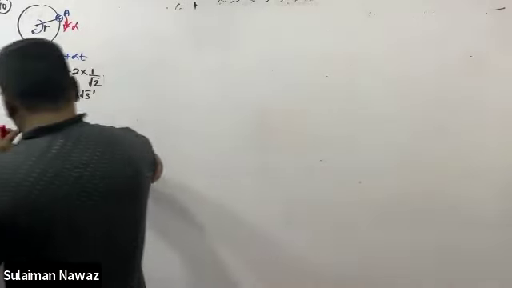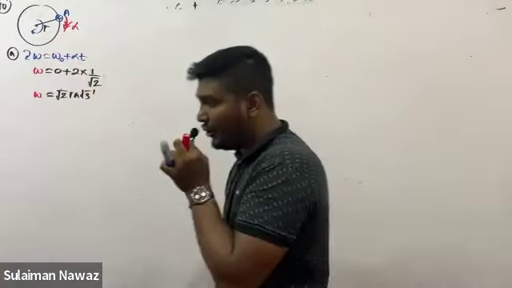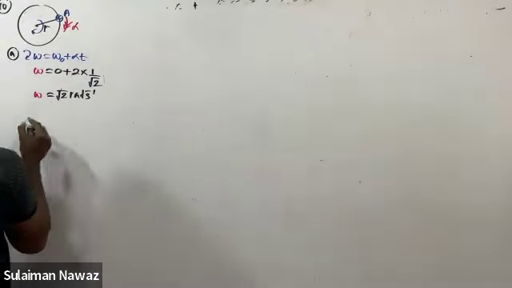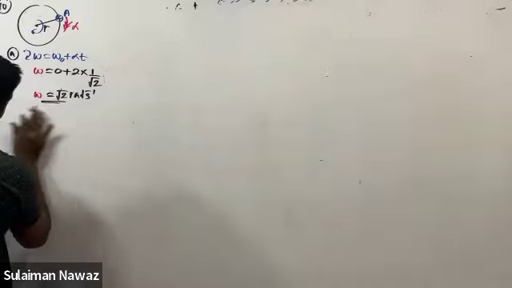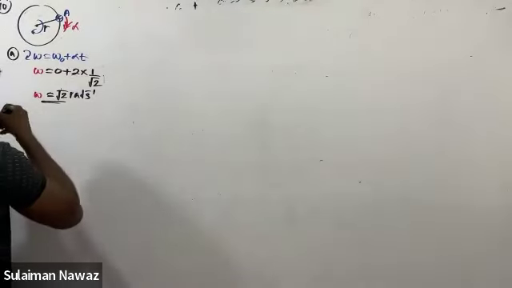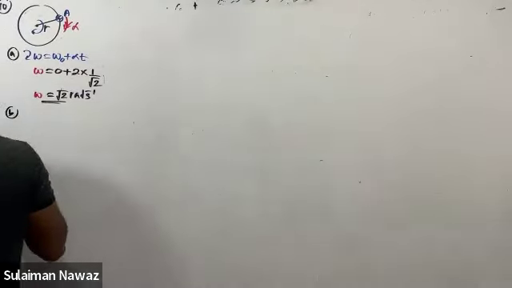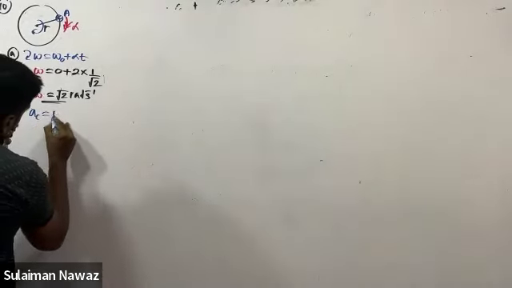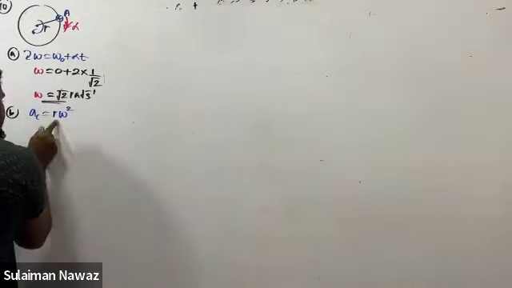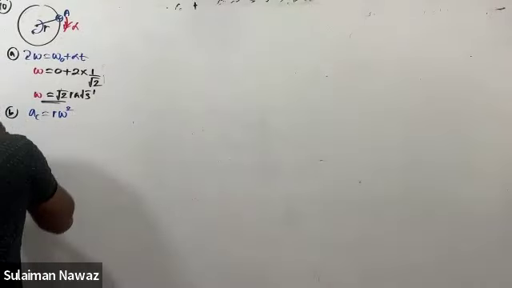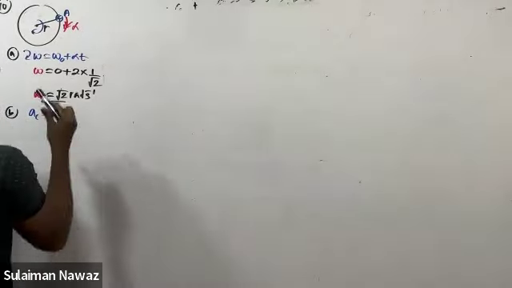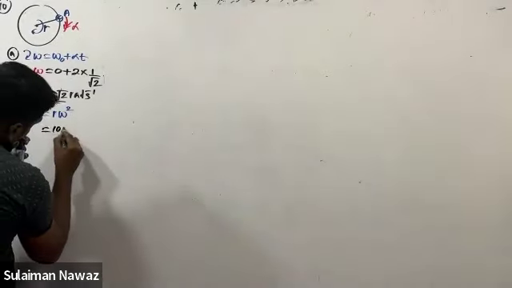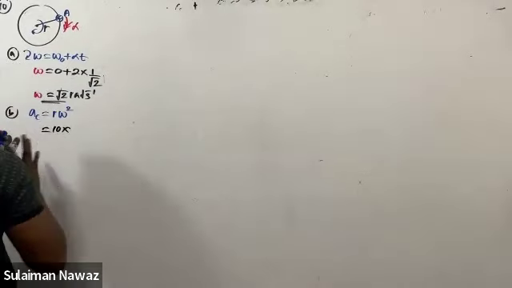Since I know omega and I know r, it is better to use centripetal acceleration equals r omega squared. We derived this equation last Sunday. Then R is 10 centimeters. How do you convert centimeters to meters? Multiply by 10 to the power minus 2.